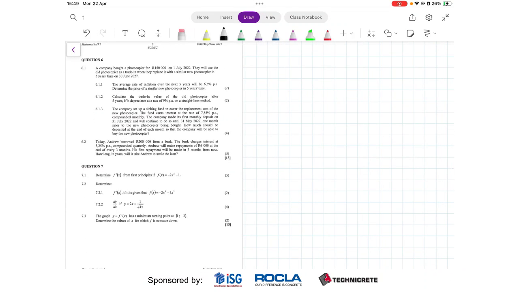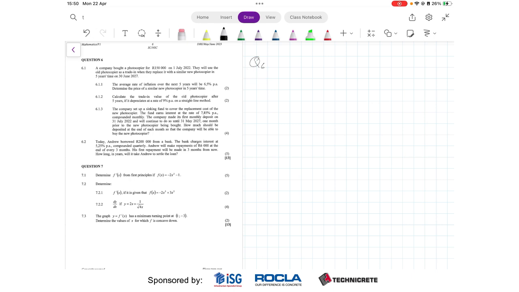Now, question 6.1. We are told that a company bought a photocopier for 150,000 rands on 1 July 2022. All right, we are told the photocopier costs 150,000 rand when it is bought.